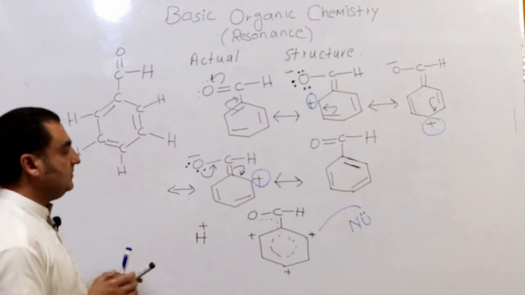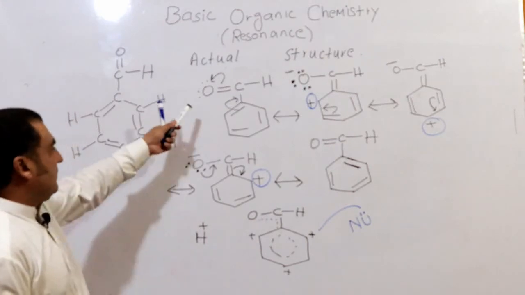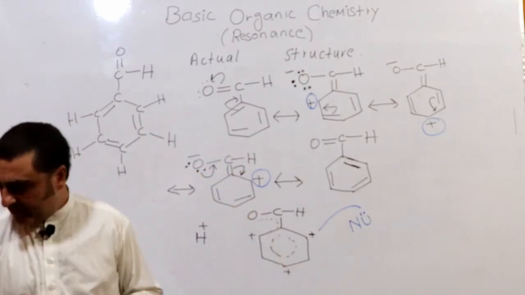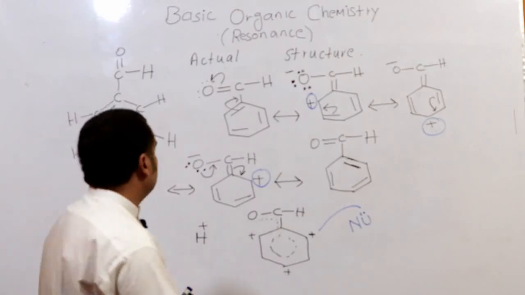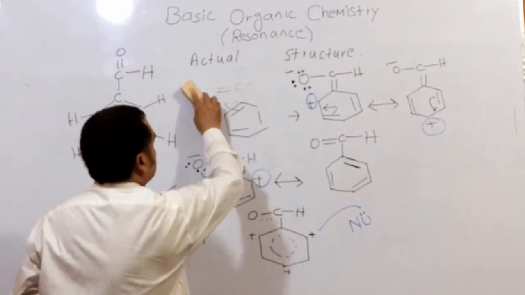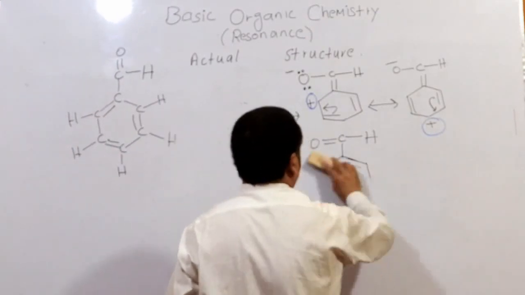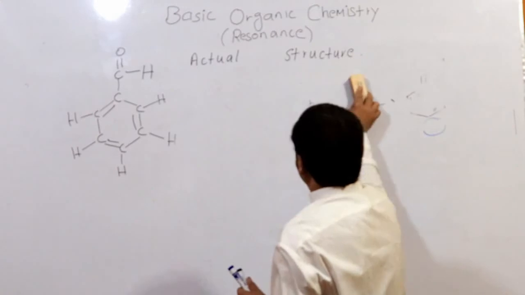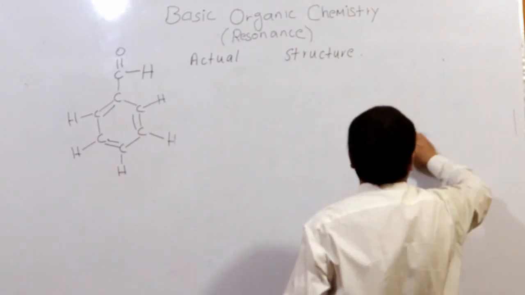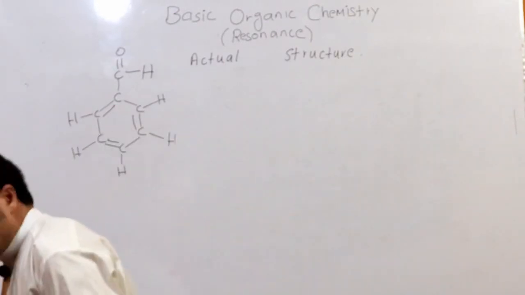negative, okay. So now we have understood those things, and if I write another structure, you will understand that too, because I'm not going to draw all the canonical forms. Now it is sufficient.